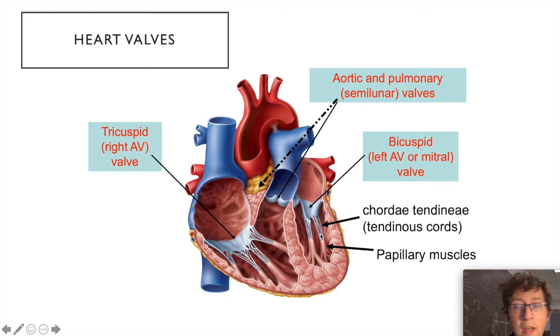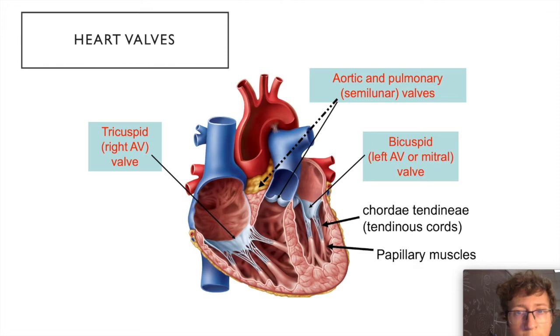They're pushing blood out of the ventricles, and they want it to either go through the pulmonary trunk or the aorta. They don't want the blood to flow back to the atrium. So these chordae tendineae and papillary muscles are working to really hold the valve closed tight whenever that pressure is occurring.